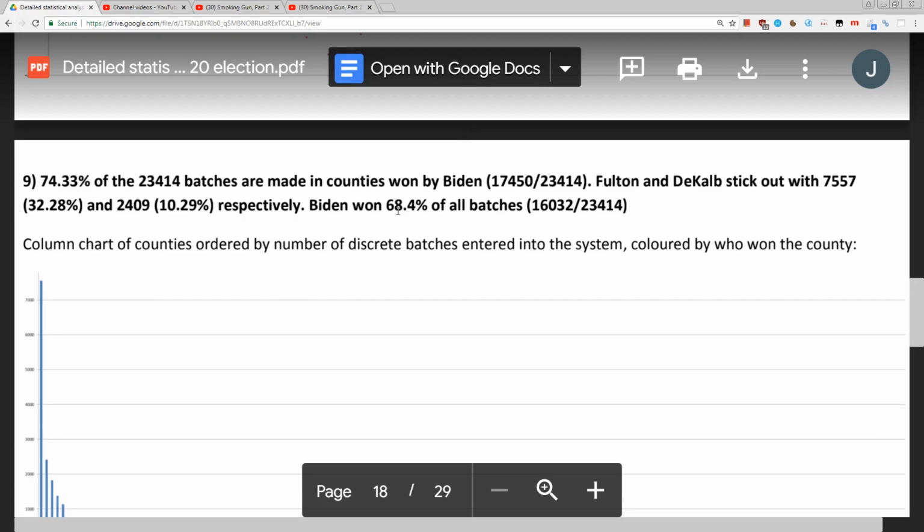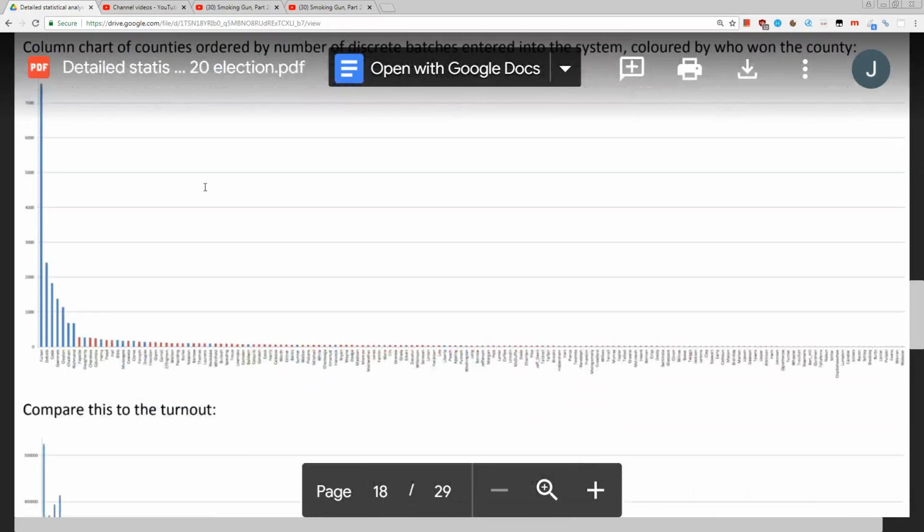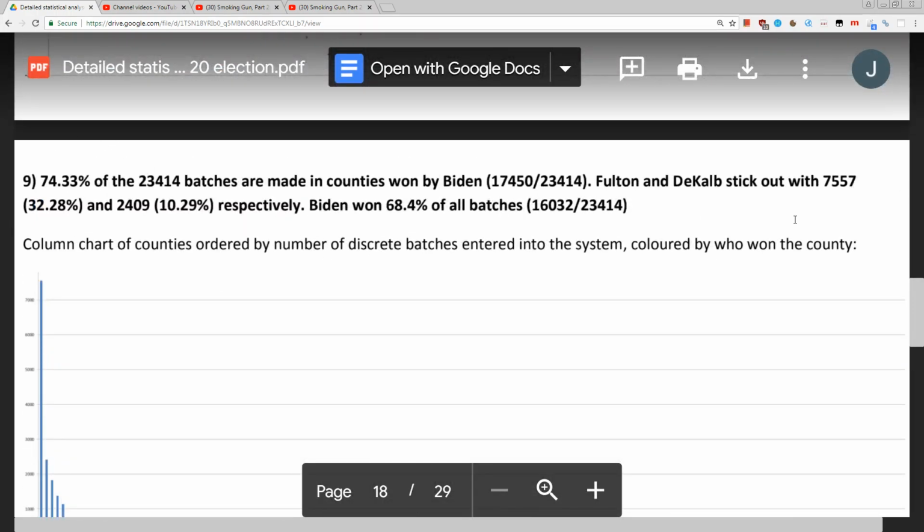Biden won 68.4% of all updates that were made. And when you consider these statistics, how does Biden win with only 49.5%? It's all drastically skewed, and it highlights the process that's going on in the background clearly.